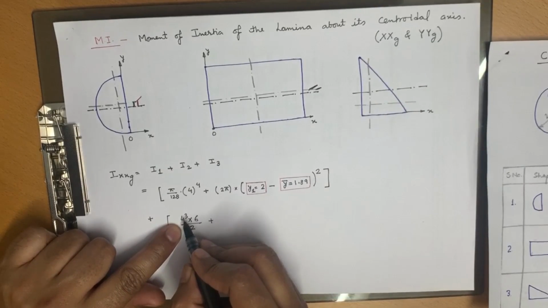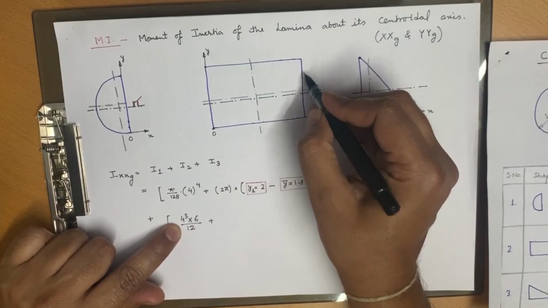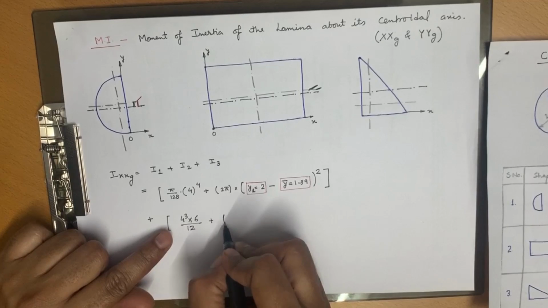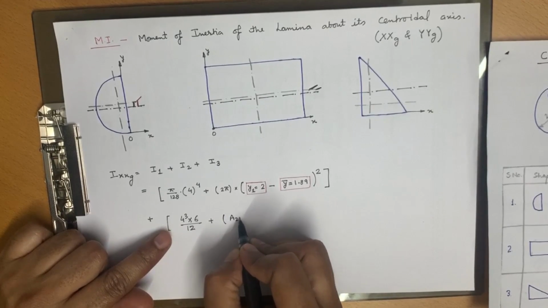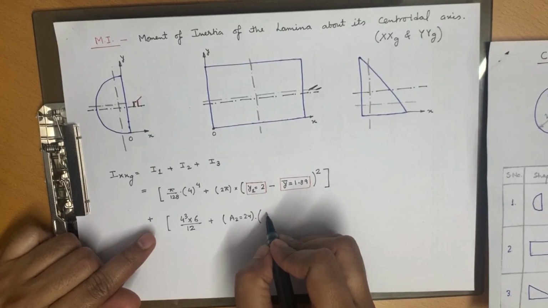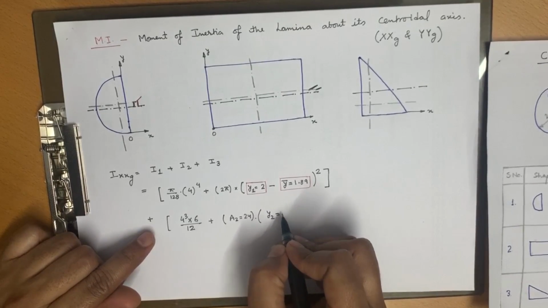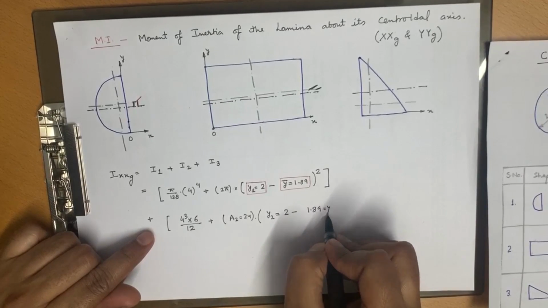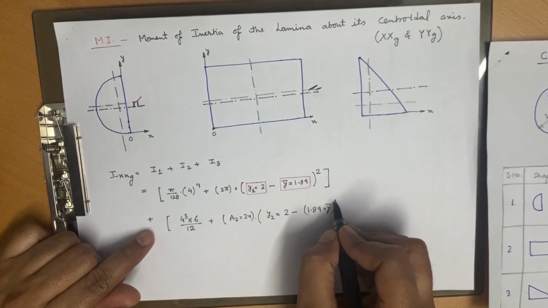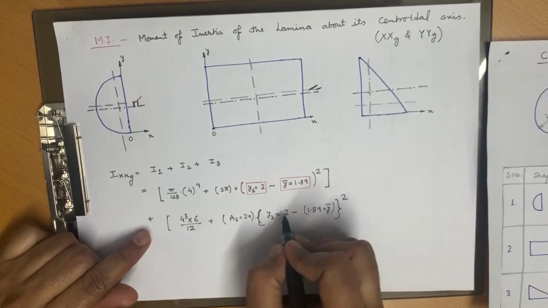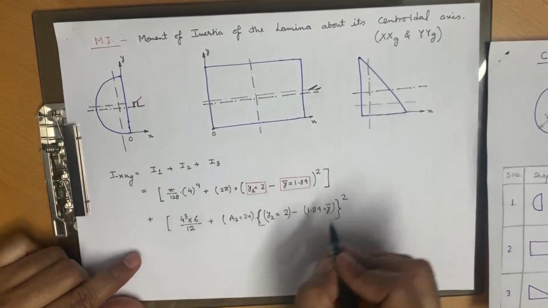That is why it is 4 cube, because 4 is the length which is cut by this axis, multiplied by area. Area is A2, which is 24, multiplied by y2, which is 2, minus 1.89, which is y bar, right?